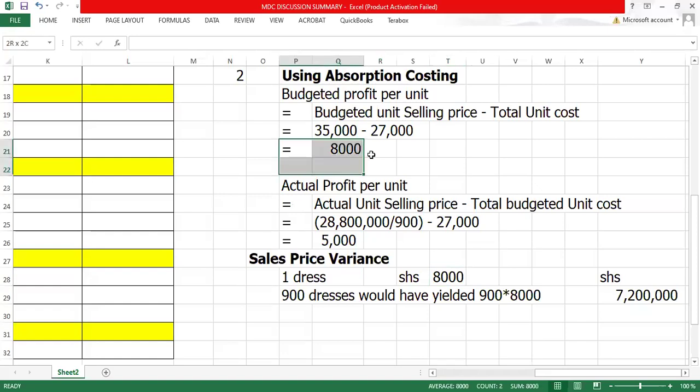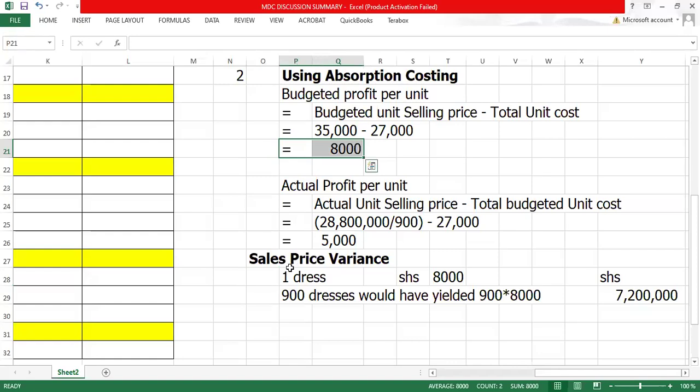80,000. This one, the budgeted profit. If I sell one dress according to my budget, remember this, the profit you have here is also a result of the selling price. Within this figure, there is the selling price.